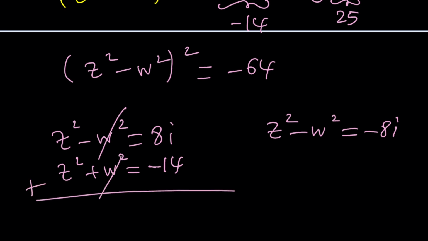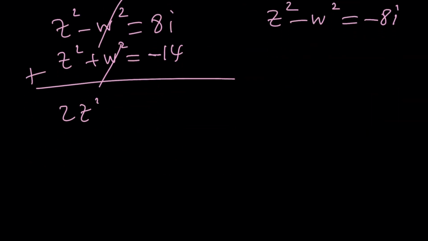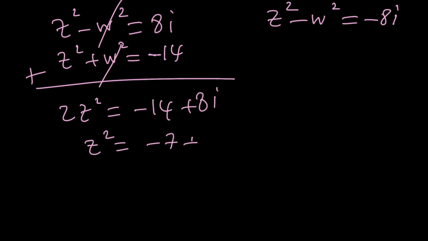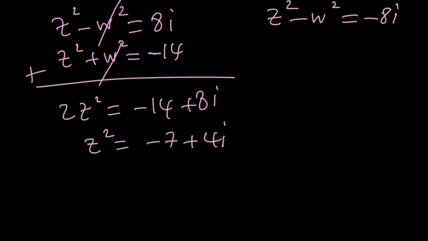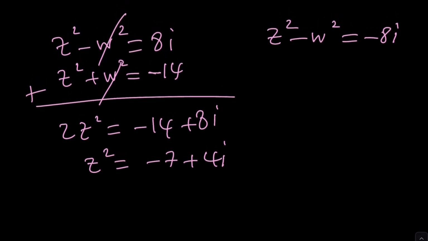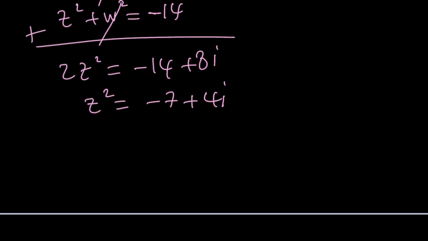Add these up, we get 2z squared equals negative 14 plus 8i. From here, z squared is negative 7 plus 4i. I hope I didn't mess this up one more time. I hope so, because negative 7 plus 4i did not look like a perfect square to me, but maybe it is. You know what? I feel like this looks like negative 16 plus 9, which kind of tells me this is probably 3 plus 4i squared.